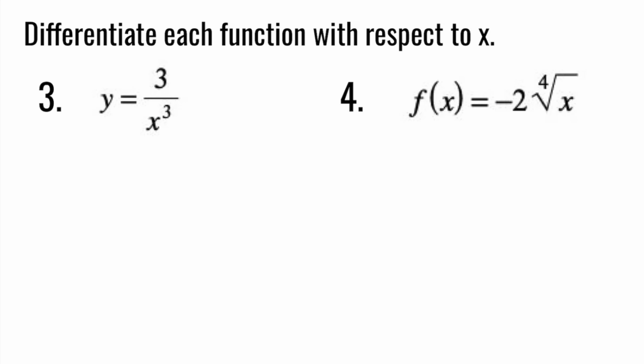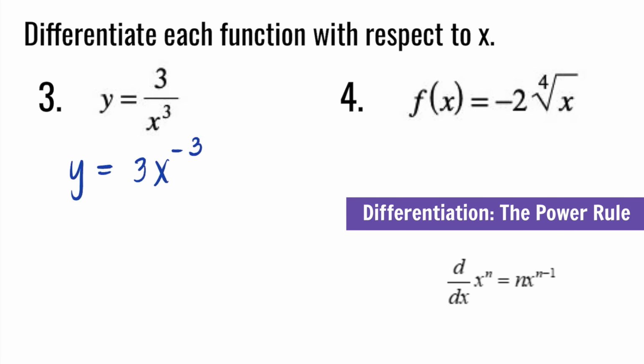Question number 3. y is equal to 3 over x cubed. This equation is the same thing as 3x to the power of negative 3. So to find the derivative y prime or dy over dx, our exponent is negative 3.